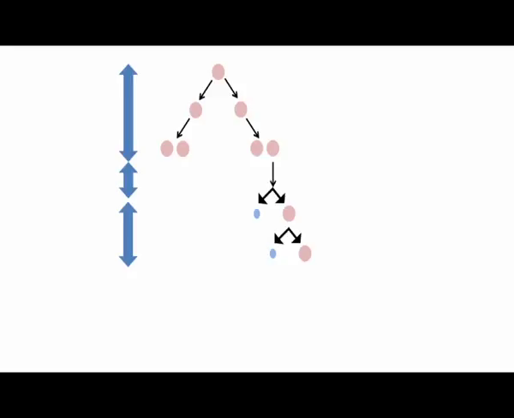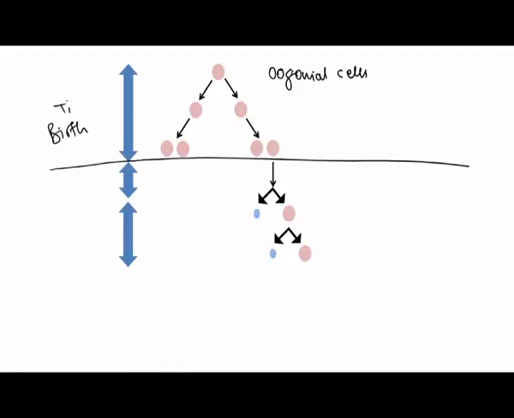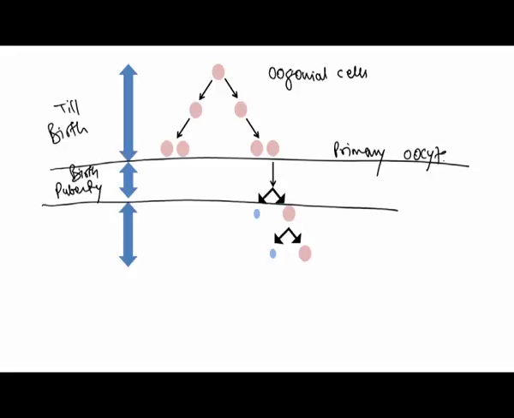If you see here, we have the oogonial cell. Oogonial cells are the mother cells, and they are there till fetal life, so till birth, and then from birth to puberty there will be a stage where the primary oocyte will be there.